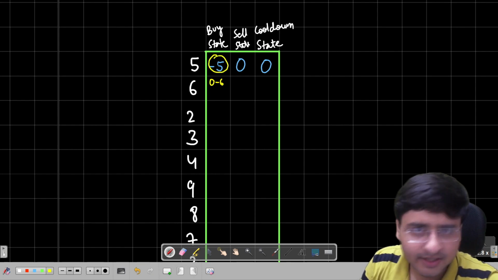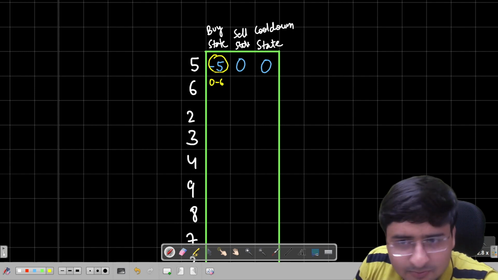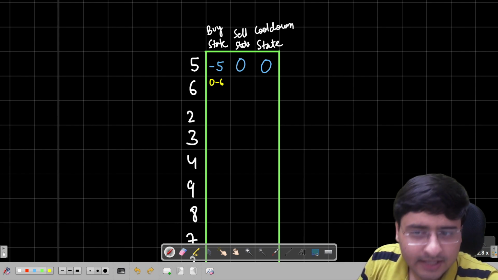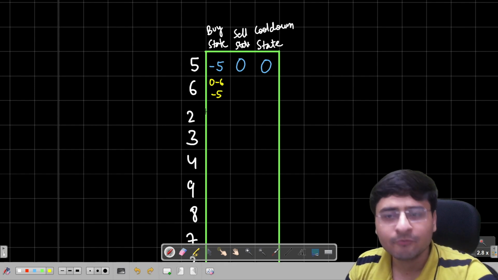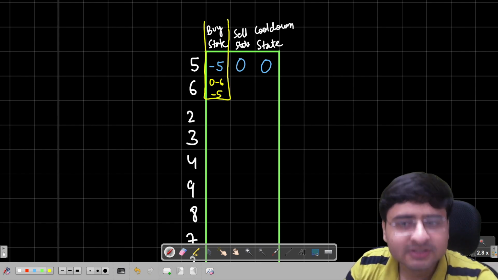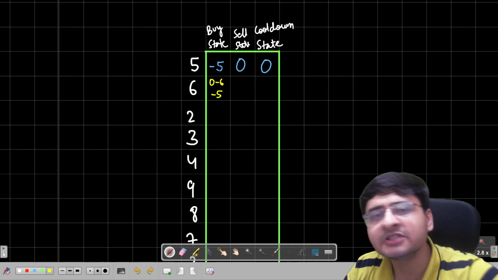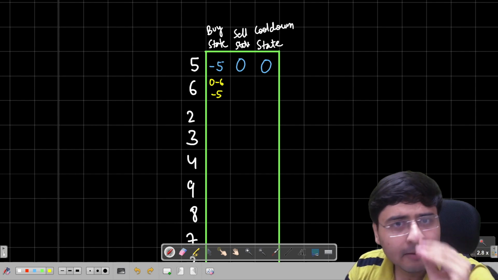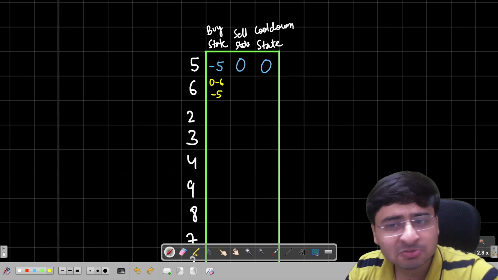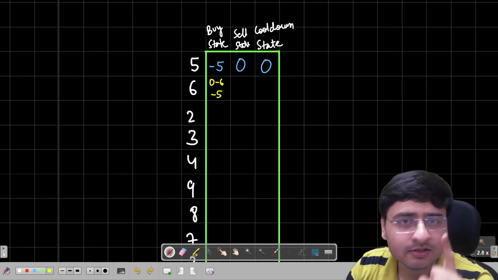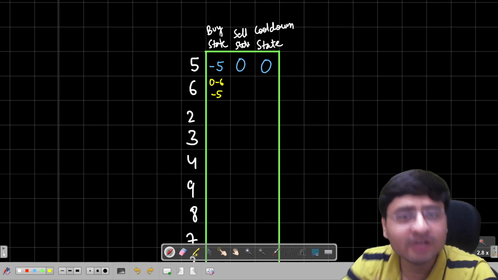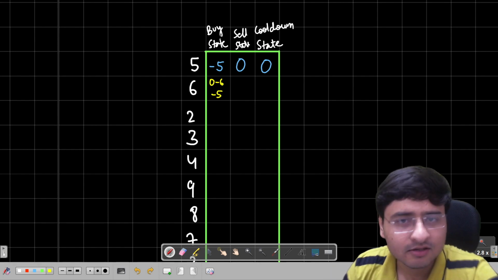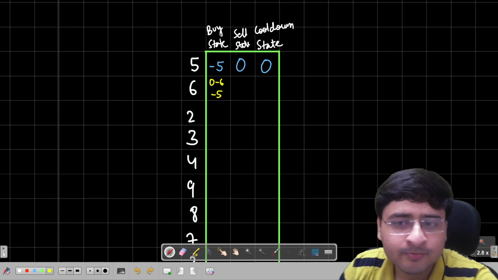But if I do not buy today, then whatever I've already bought will be present. I'll be picking up from here. Why are we picking up from here? Basically, when I'm in this particular buy state, this means that I am having one stock extra which I need to sell, the stock you want to sell in future.